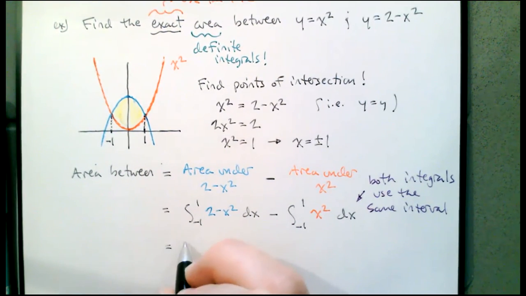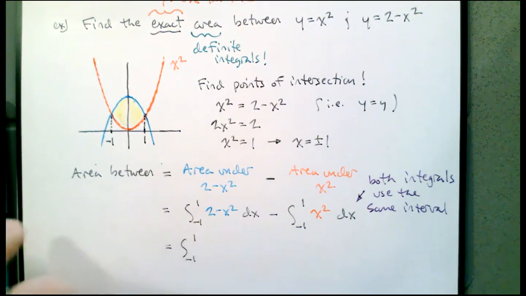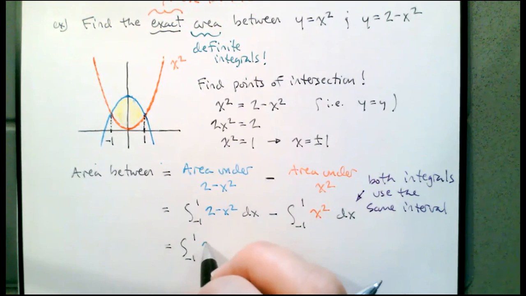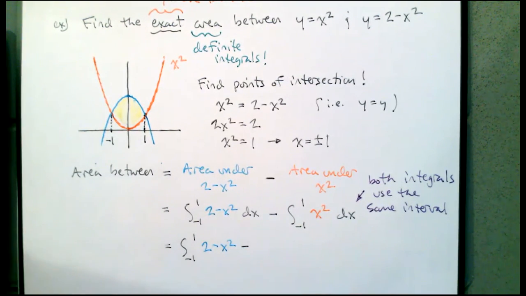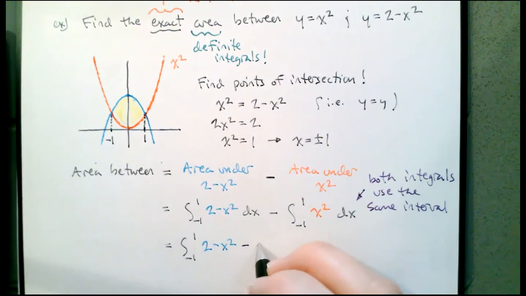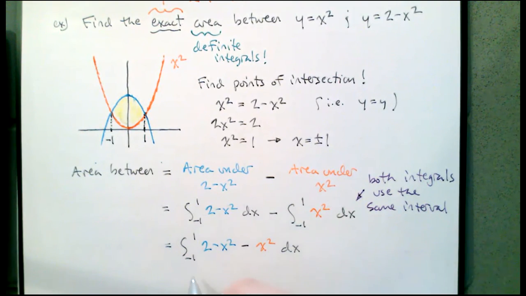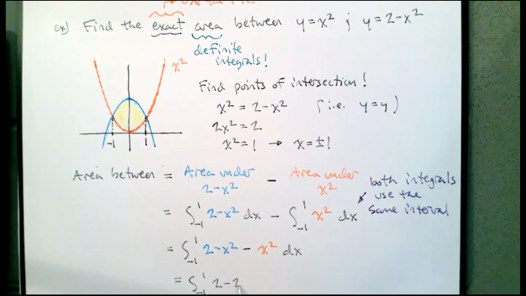So I could say this is the definite integral from -1 to 1 of 2 minus x squared minus x squared dx, which we would want to clean up as the definite integral from -1 to 1 of 2 minus 2x squared dx.